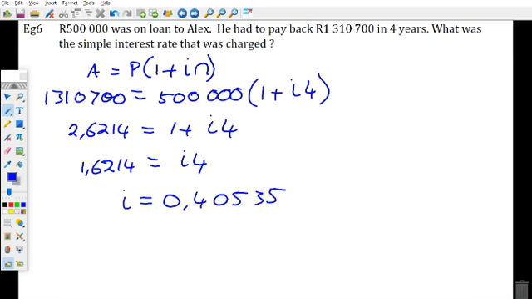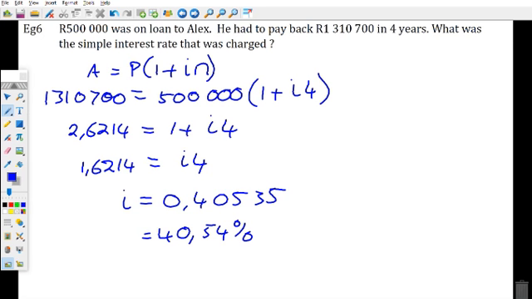Now they're asking for the interest rate. We want the percentage. So what do we have to do to this answer? Times by 100. Multiply by 100 is equal to 40.54%. Yo, that's a lot of money. That's a big interest rate.